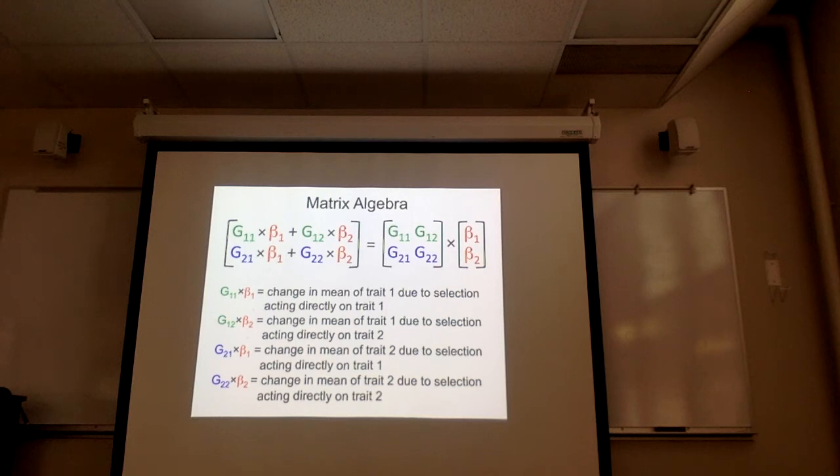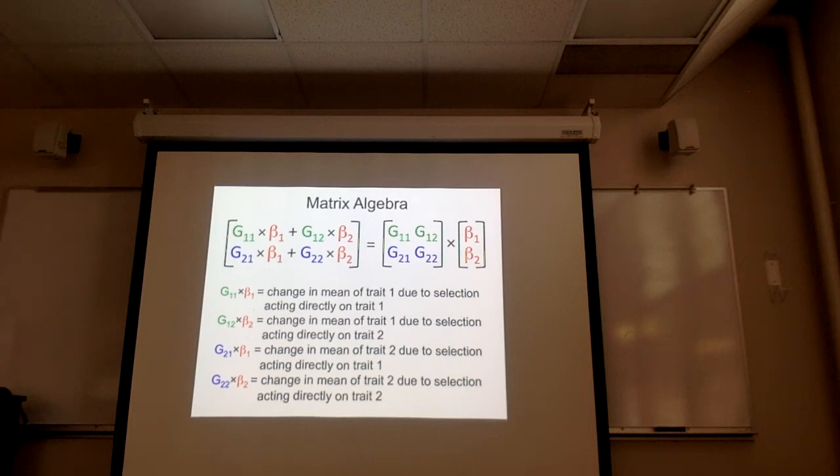Then we take G21, multiply it times beta 1 for R2, because this is the effect of selection on trait 1 translating into change in trait 2. And then we take G22 and multiply it times beta 2.